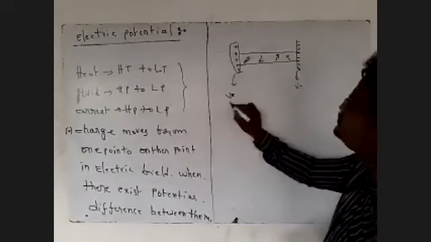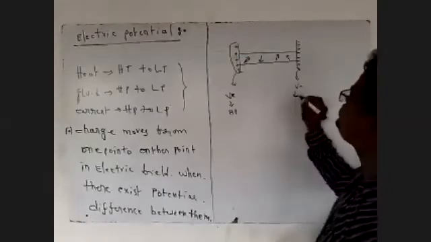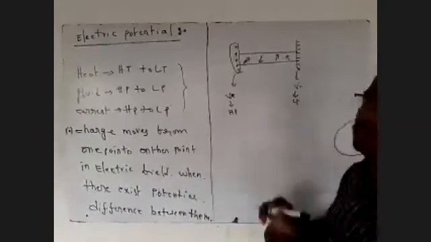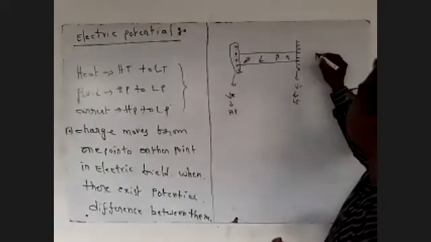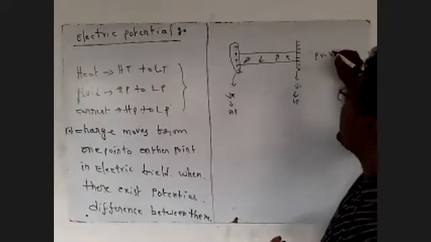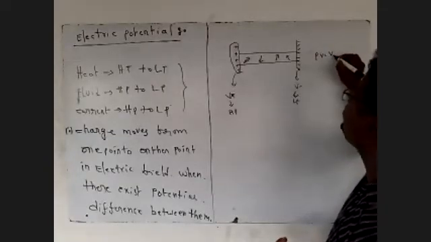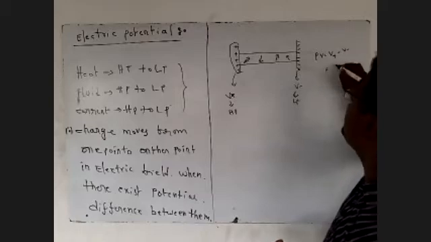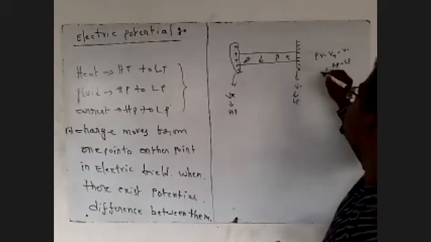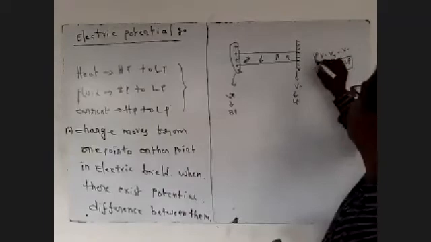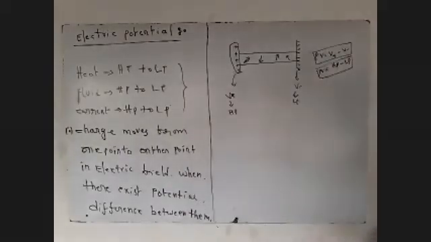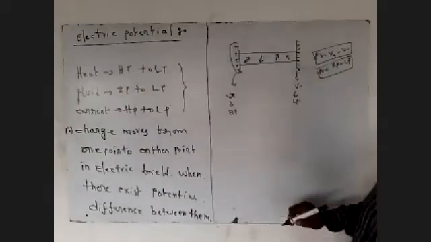This is the higher potential and this is the lower potential. Potential difference means high potential minus low potential.